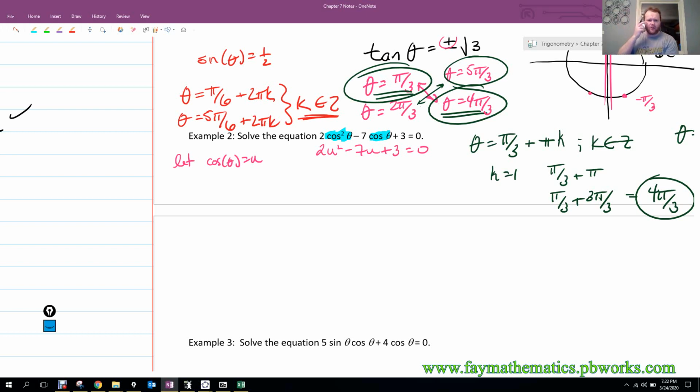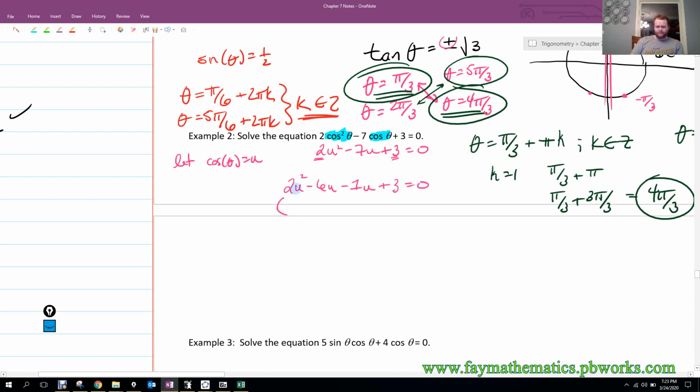So I think that's the way I'm going to approach this. I'm going to leave it this way, and then I got 2 times 3. I'm using the AC method, so it gives me 6. So we'll look at negative 1 and negative 6. So I'm going to go 2u squared minus 6u minus 1u plus 3 equals 0.